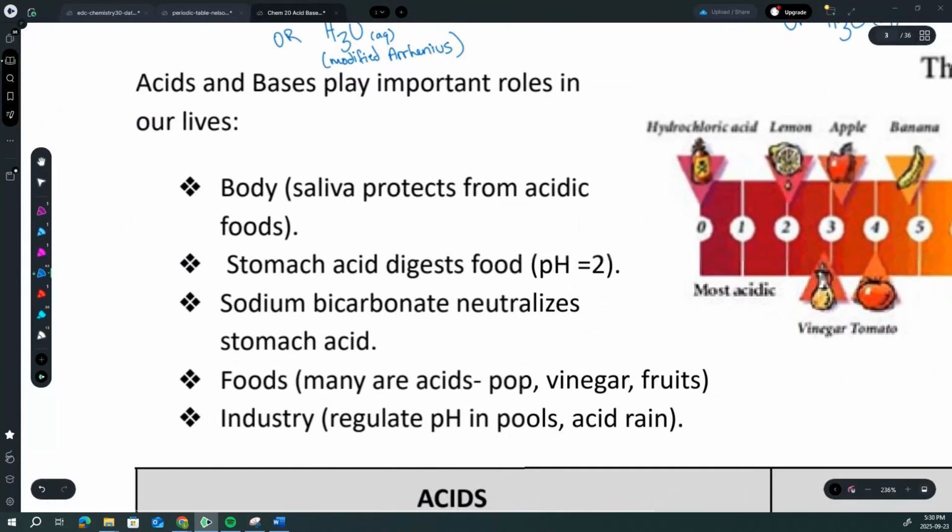Okay, and sodium bicarbonate can neutralize stomach acid just because it is a weak base. But if you're thinking about Tums or Rolaids, well, Tums uses calcium carbonate to help neutralize stomach acid, whereas Rolaids use calcium carbonate as well as magnesium hydroxide, both of which are bases, to neutralize stomach acid.